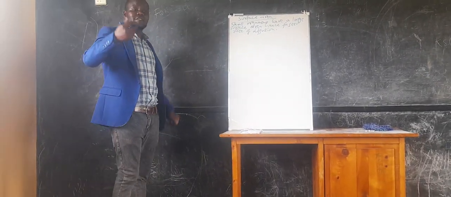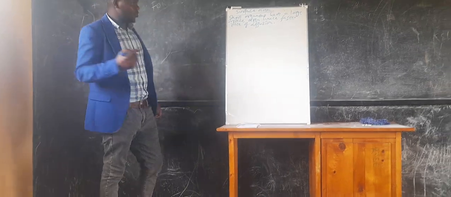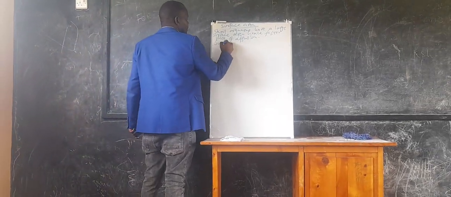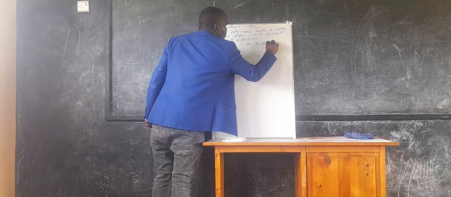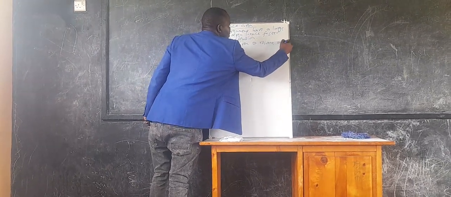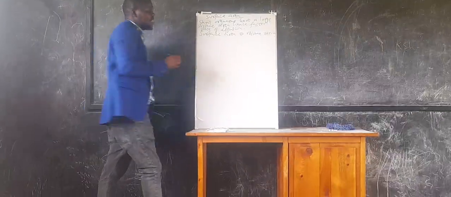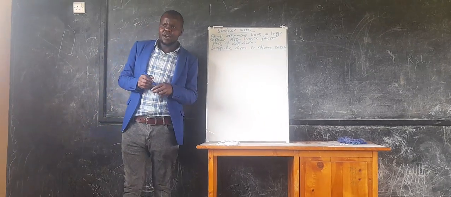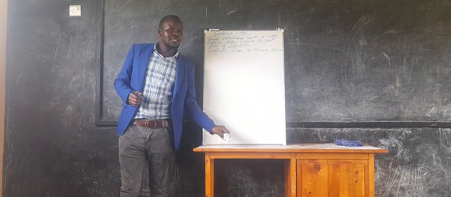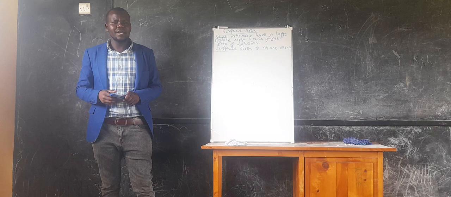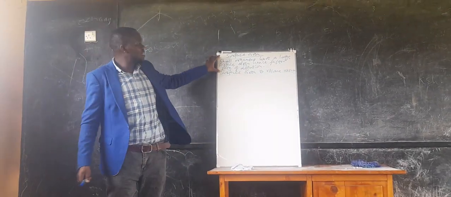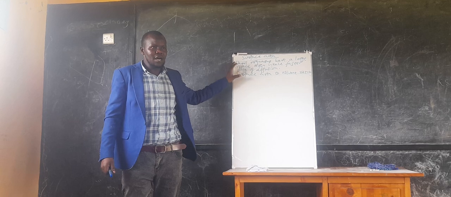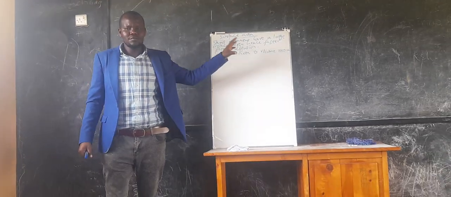We have now the surface area to volume ratio. This is a comparison. What are we comparing here? Surface area with volume. It is still the same thing as surface area, but now you link it to the volume ratio.